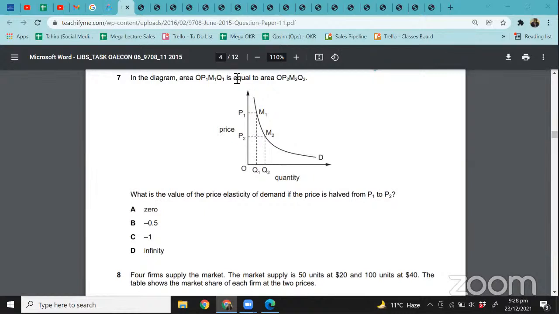We are not assuming it. It's already given in the question. It says that the area O, P1, M1, Q1 is equal to the area O, P2, M2, Q2. They have said that the two are equal.